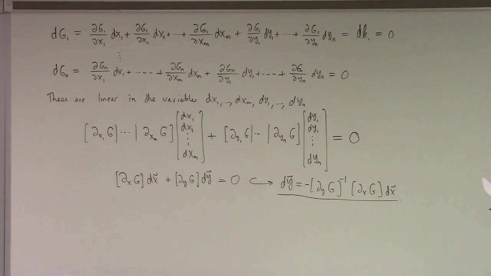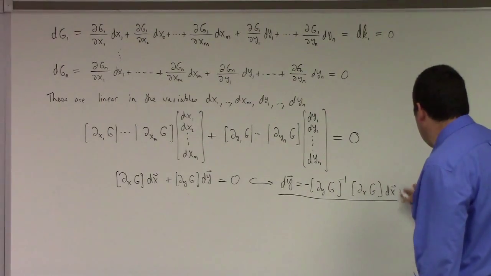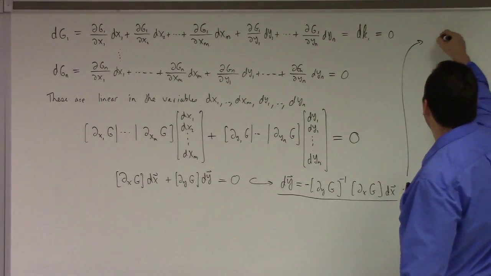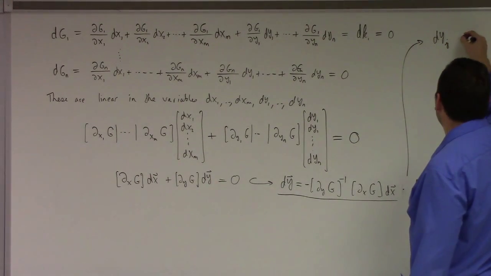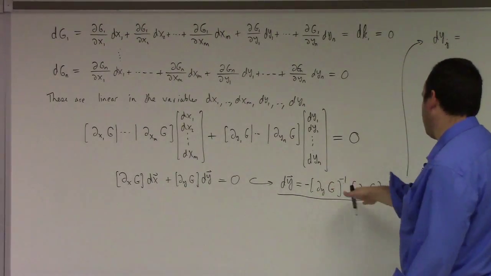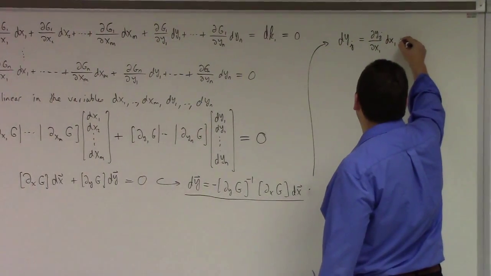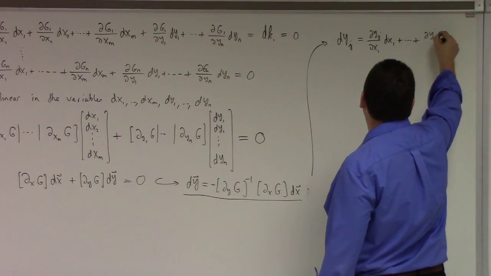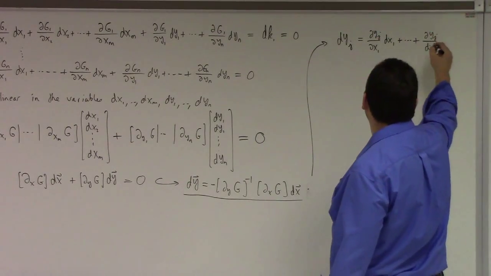So the way to understand this is, if I look at, for example, dy_j, that's going to be partial y_j, partial x1 dx1 plus and so on, plus partial y_j, partial x_m dx_m. How many x's do I have? m.